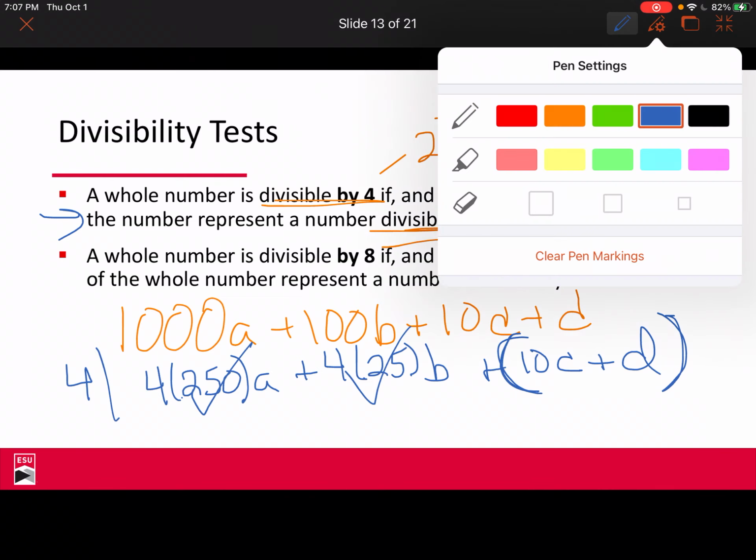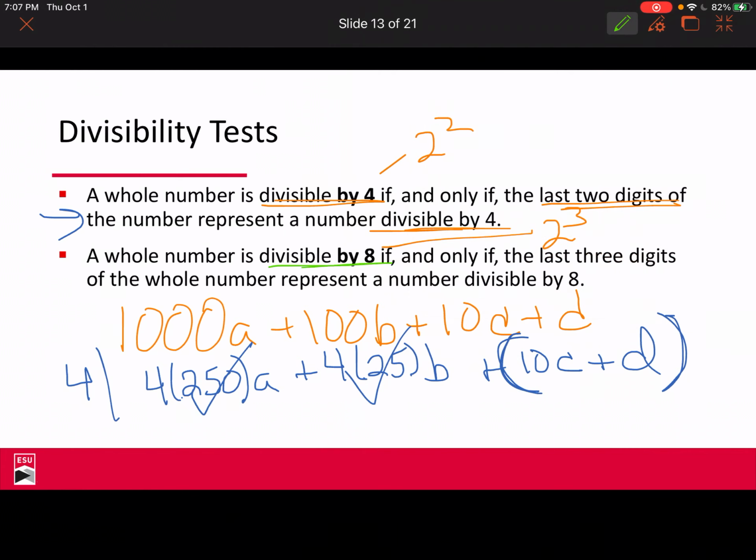And a similar argument can be made for divisible by 8, if and only if the last 3 digits are divisible by 8. Because if I look at 8, there must be an 8 in 1,000, and I think our answer is 125.